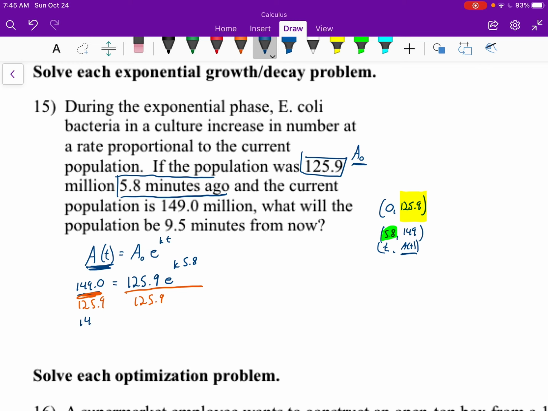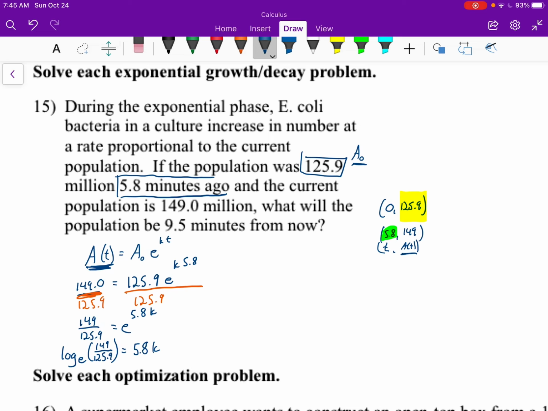So we have 149 over 125.9 equals e to the 5.8k. We're going to change this to log form. So this is log base e of the 149 over 125.9 equals 5.8k.